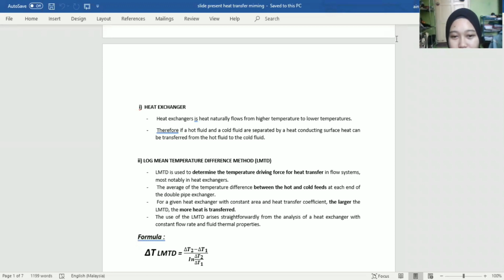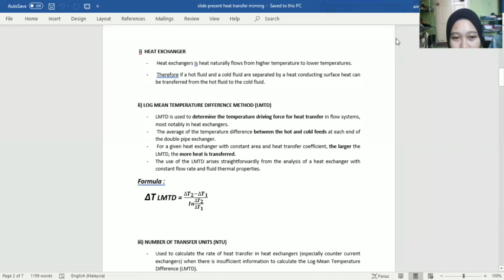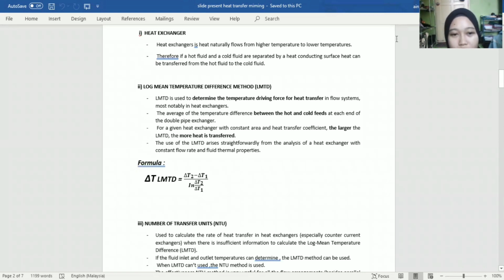Next, the log mean temperature difference method. LMTD is used to determine the temperature driving force for heat transfer in flow systems, most notably in heat exchangers. It is the average of the temperature difference between the hot and the cool feed at each end of the double pipe exchanger.